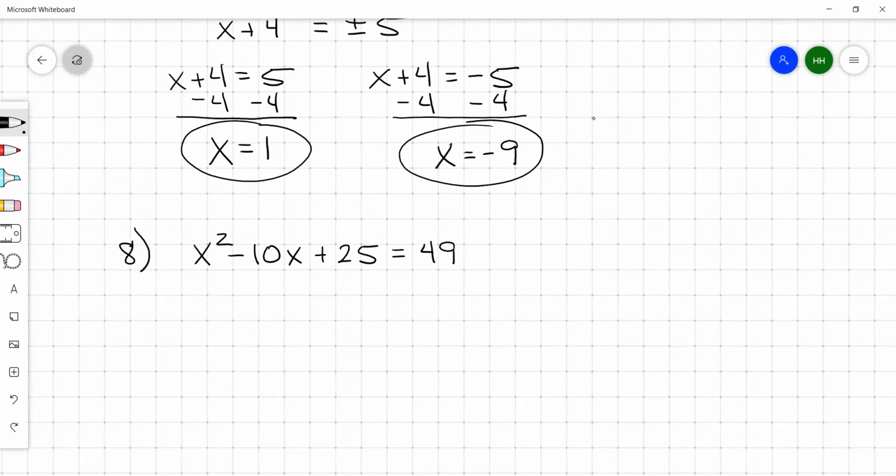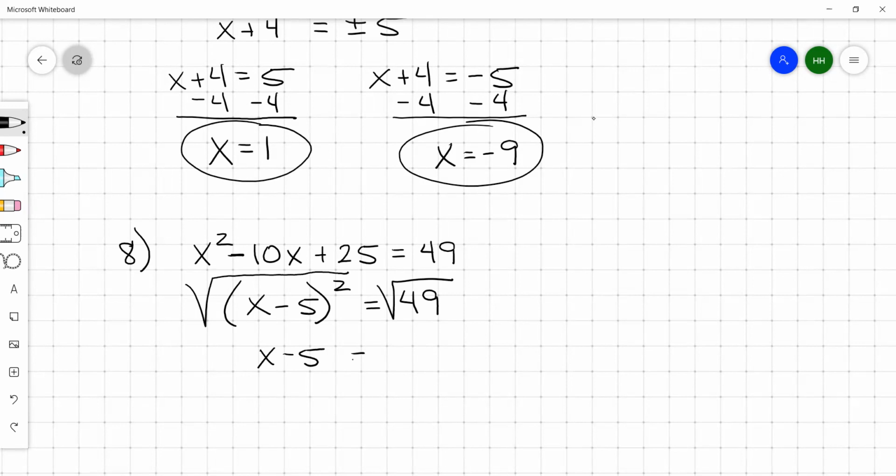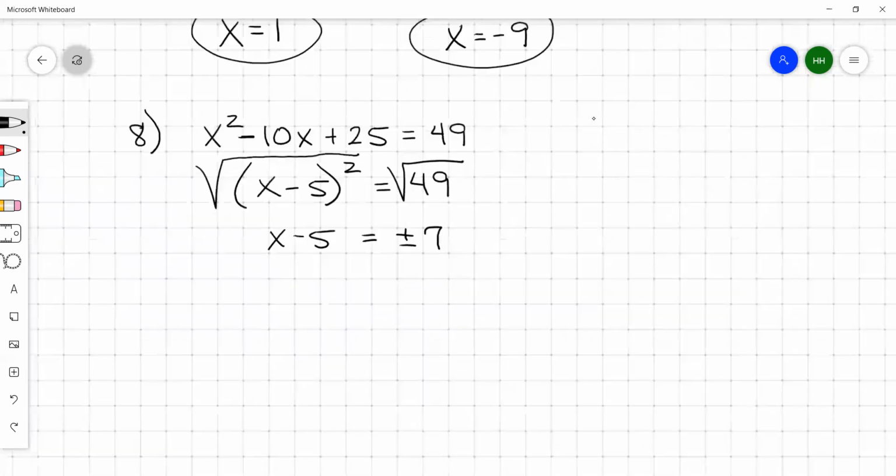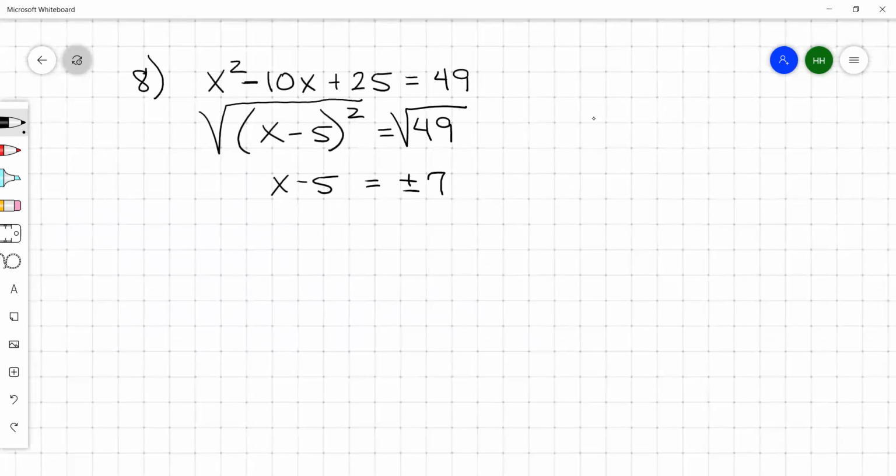The left side is a perfect square, but pay attention to the minus sign because this factors to x minus 5 squared equal to 49. You find the square root of both sides again. So you get x minus 5 equals positive or negative 7. And you write two equations.